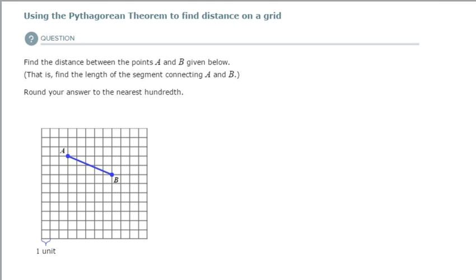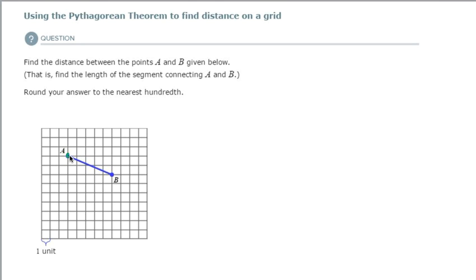Okay, next up, distance on a grid. Find the distance between the points A and B. So you have a couple options with this. Your best bet is to grab a piece of graph paper. There's no X and Y coordinate on here, so you really don't have to count anything specific other than what I would do on your graph paper.